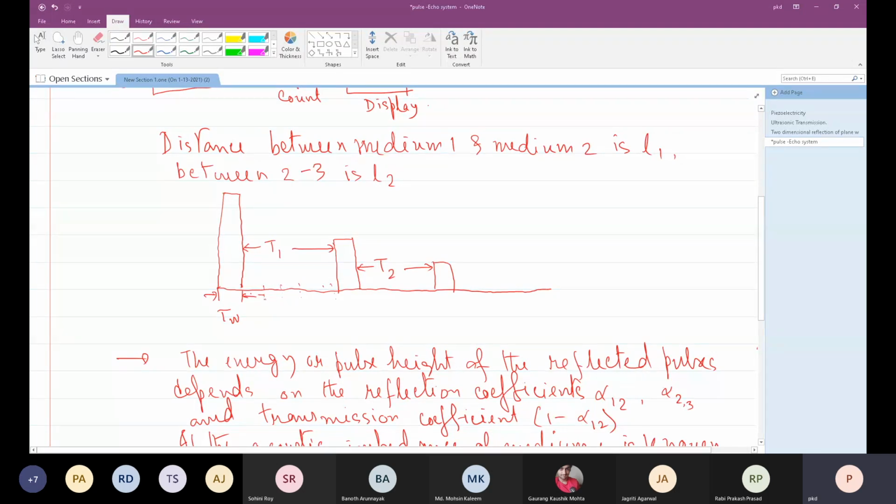Then for the next TW, another counter will start, and then it will reset after TW. And similarly, it will go on counting this way. So the basic resolution is assumed to be TW, the resolution of the measurement.